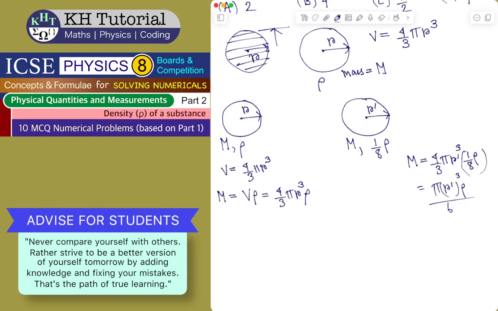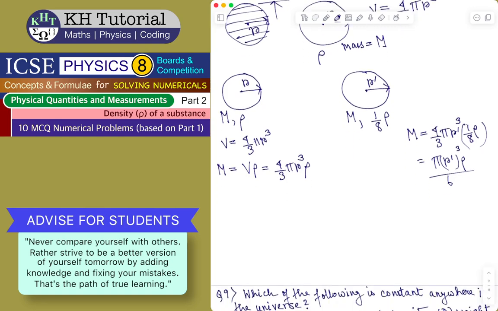Now we can equate the mass from both the cases, and we will get 4 by 3 pi r cube rho equal to pi r dash cube rho divided by 6.